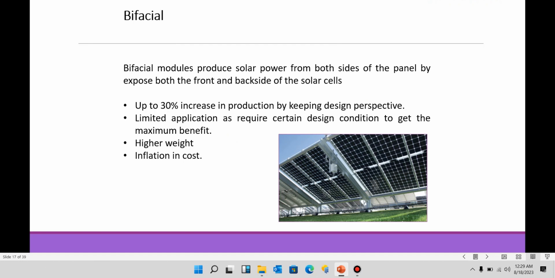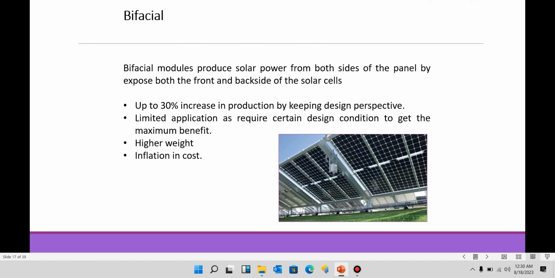Bifacial, the third one we have, is the bifacial. A bifacial module produces solar energy from both sides of the panel, that is from the front as well as the back side of the panel, which consequently increases production by 30% while keeping some design parameters in consideration.